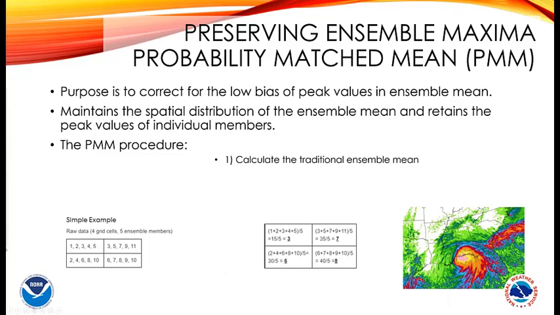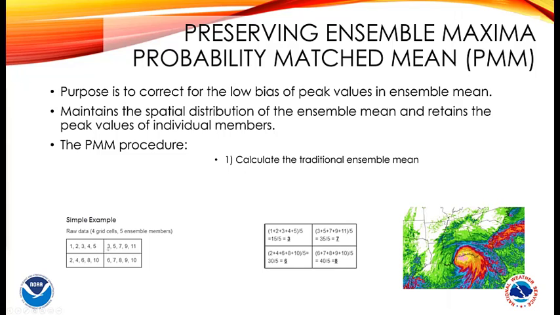And here's a simple example. Here we have the hurricane that's coming up this last year, coming up into the Alabama, Gulf Shores area over into Mississippi. A simple example, let's say we have 4 grid cells with 5 ensemble members. For grid cell 2, let's say this is 1, 2, and this is 3.